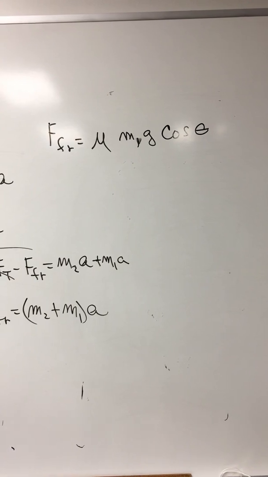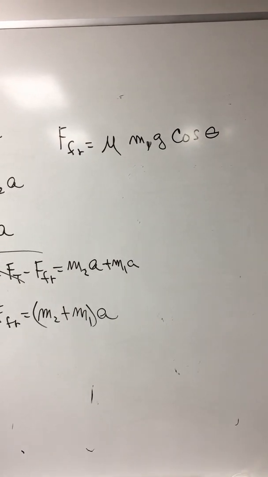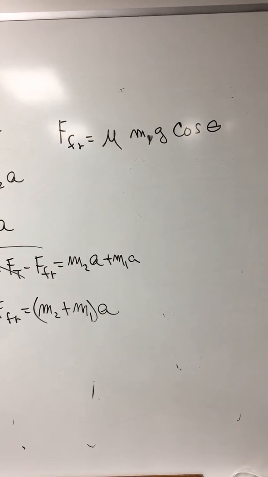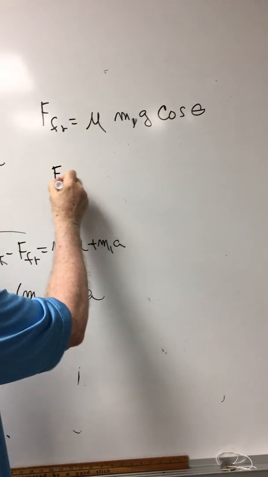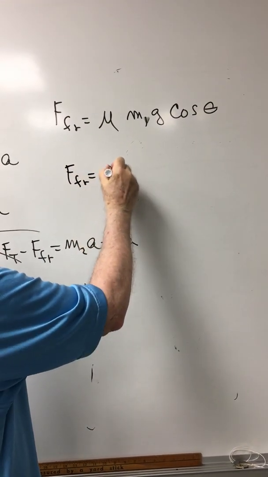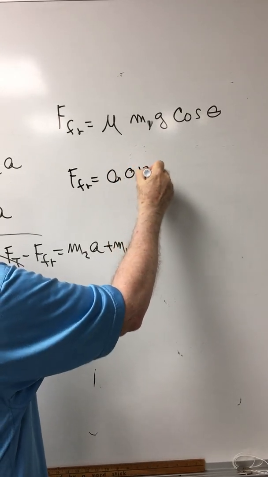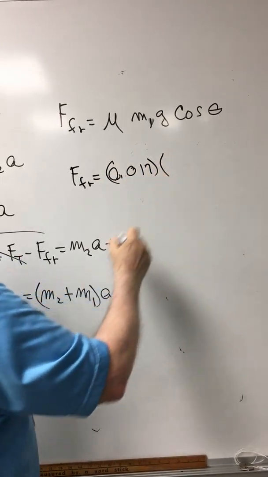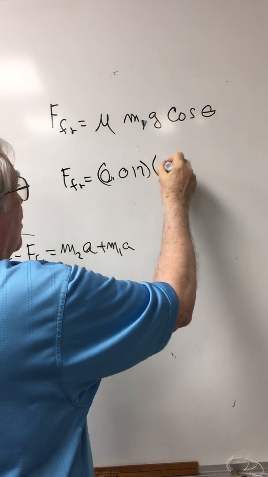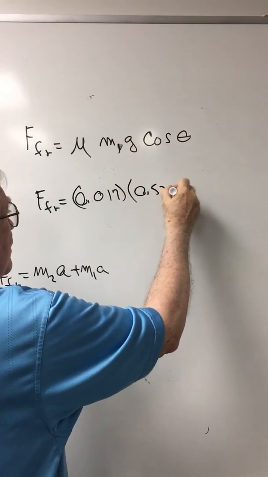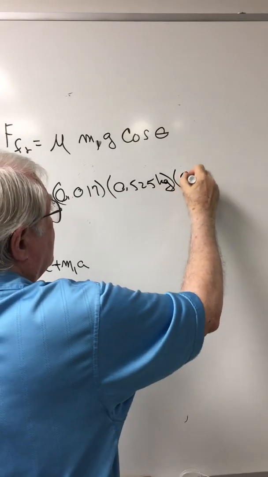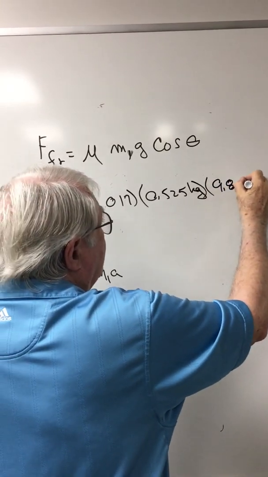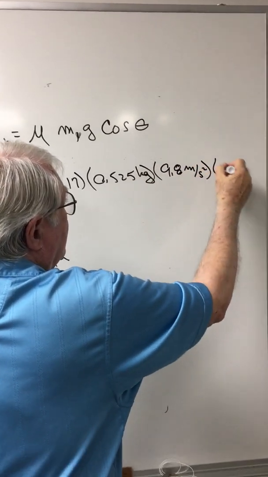The cosine of the angle is going to be 0 degrees, and the cosine of 0 degrees is equal to 1. So F sub FR will be equal to 0.017 times the mass of that cart, 0.525 kilograms, times 9.8 meters per second squared, times 1.0.